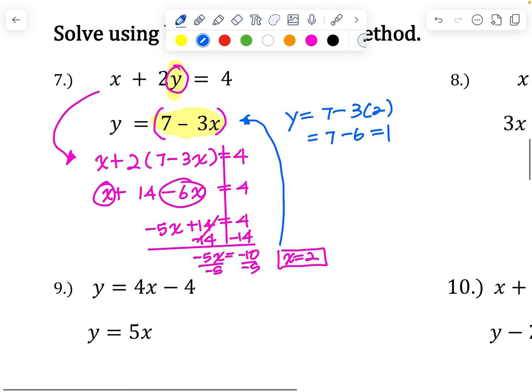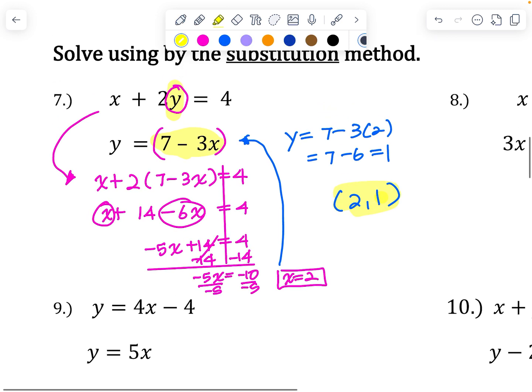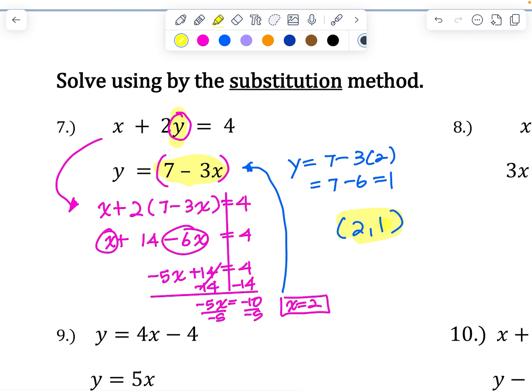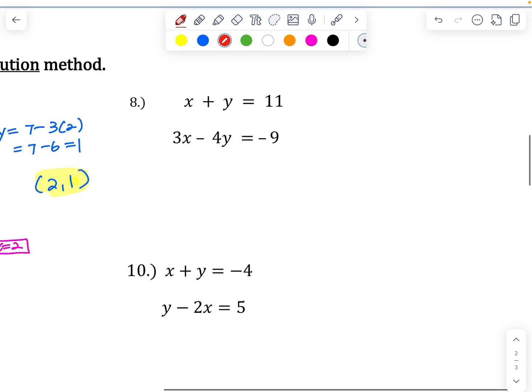So my solution is 2 and 1. And then again, quick happy check. Let me use red. x is 2 plus 2 times 1, that does equal 4. Happy check, yay.